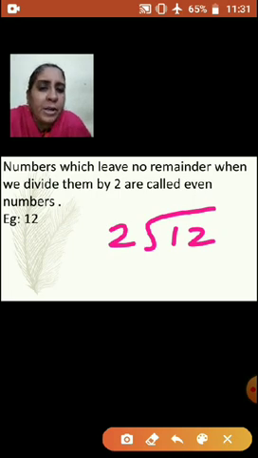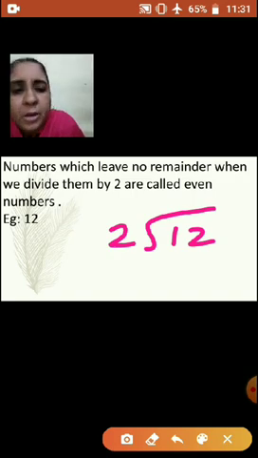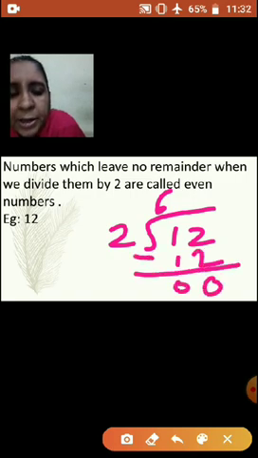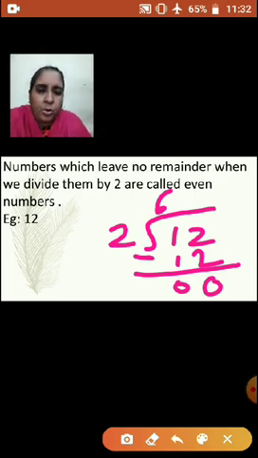Here I have written, numbers which leave no remainder. Now if I say table of 2, in table of 2 when you get 12, 2 sixes are 12. So what do you get? Remainder is 0. Do you get any number in remainder?